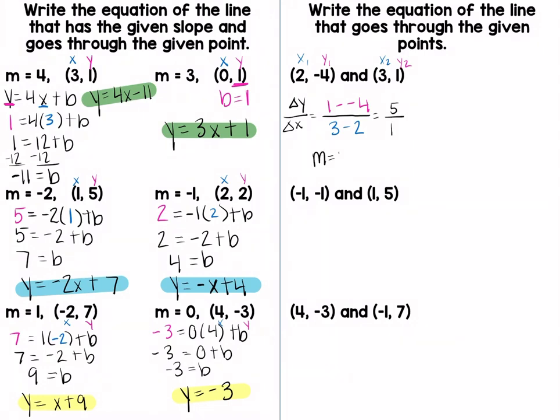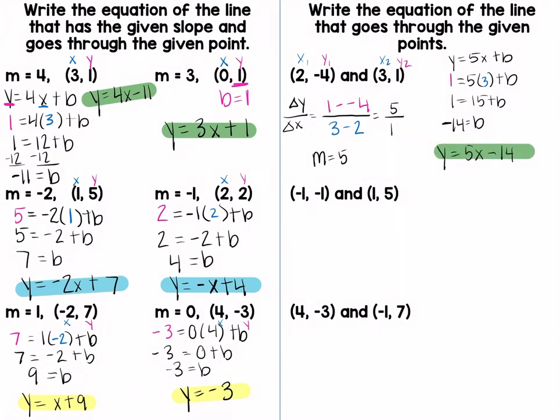So m is 5. Okay, so that's my first part. So then I have y equals 5x plus b. Now I need to find b, so I'm going to pick either one of the ordered pairs. I'm going to pick 3, 1. So 1 is equal to 5 times 3 plus b. So 1 equals 15 plus b. So b is going to be negative 14. So my equation is y equals 5x minus 14. So that would be the equation.